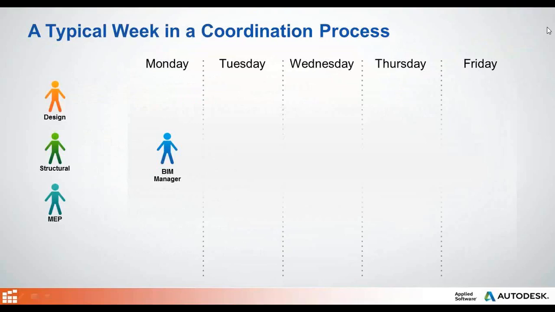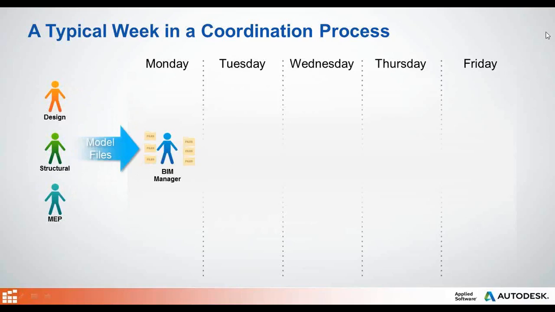This kind of reflects the then. So typically what we saw in the coordination process is, say here on Monday, you have your different disciplines here, design, structural, and then our MEP guys reflected here. What they would typically do is send or upload their model files to this BIM manager role. This is done typically by uploading those model files to an FTP site.